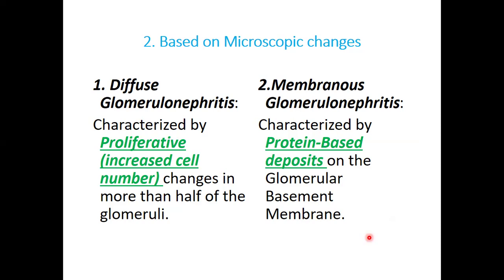So we have what we call diffuse glomerulonephritis, or diffuse GN, characterized by a proliferative increase in cell number. So in the majority of the glomeruli in the kidney, we said we're about 200 to 300 million nephrons. Now, if you examine the cells, they are mainly the mesangial cells.